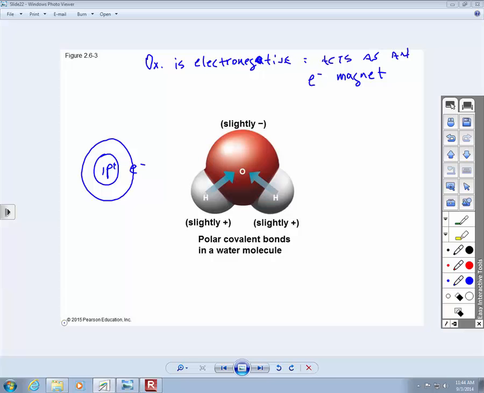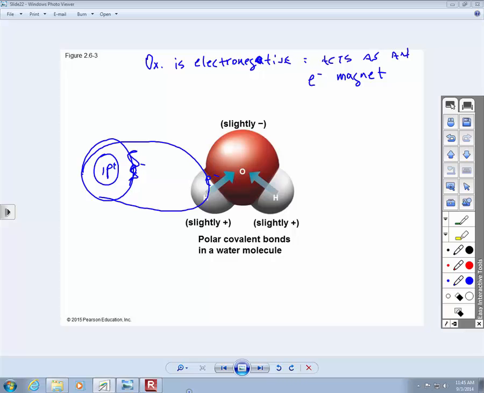But if I have this electron going way over here to the oxygen, well, that's no longer a neutral situation. That electron is spending a good deal of its time towards the oxygen. Not that it won't come back, because it doesn't pull it off. It just spends a good deal of its time this direction.